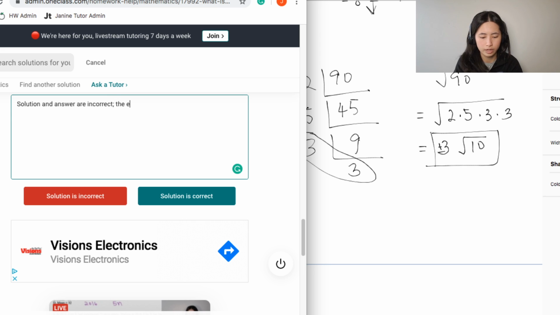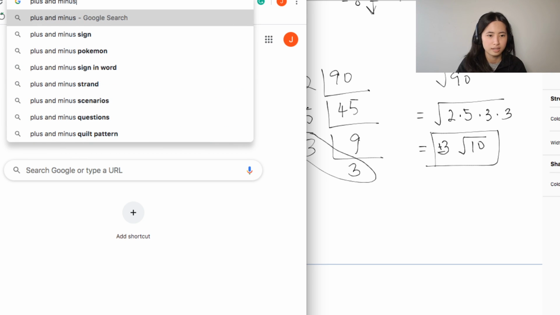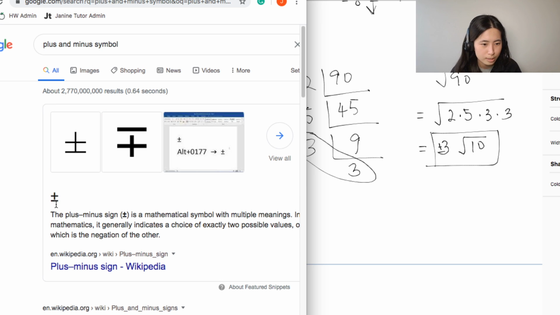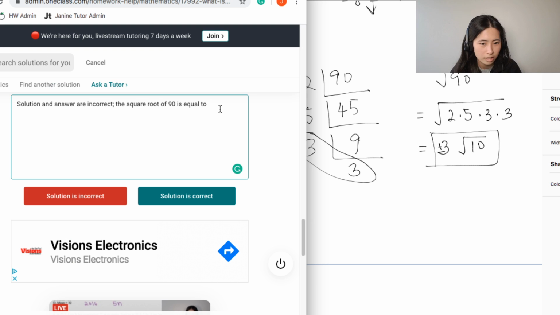The square root of 90 is equal to, okay, let me try to look for the plus and minus. And let me just copy that. Great. Is equal to plus or minus 3, and you have square root of 10.